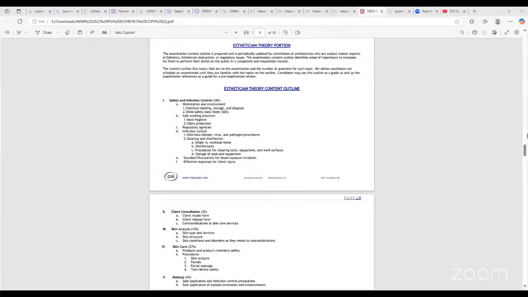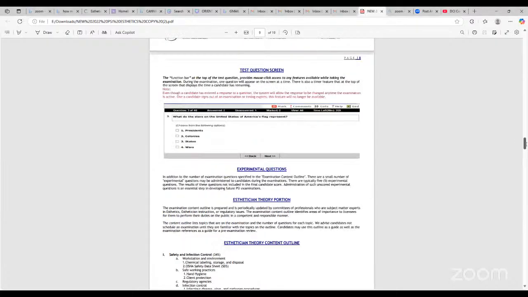Safety and infection control, 34%. And let's look at just a few things here.